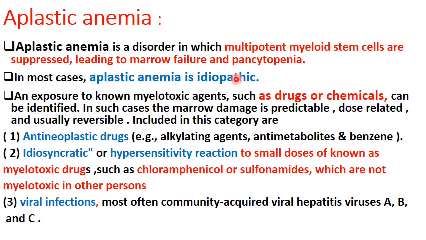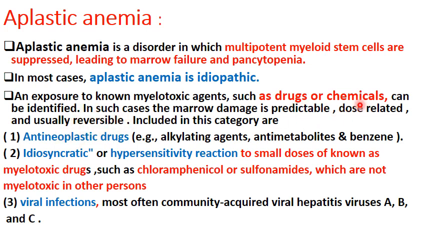Most cases of aplastic anemia are idiopathic, with no known cause. We don't know the underlying cause of this type of anemia. However, there are certain myelotoxic agents, such as drugs used in the treatment of cancer, or certain chemicals, that lead to marrow damage, and it is dose related and usually reversible.